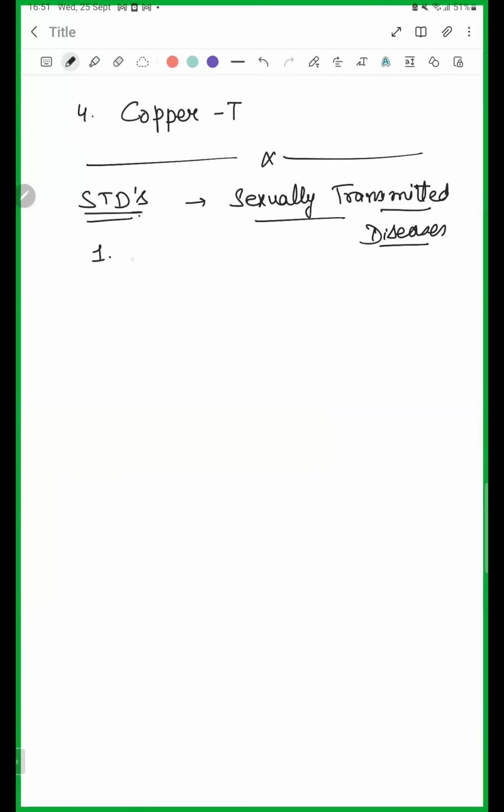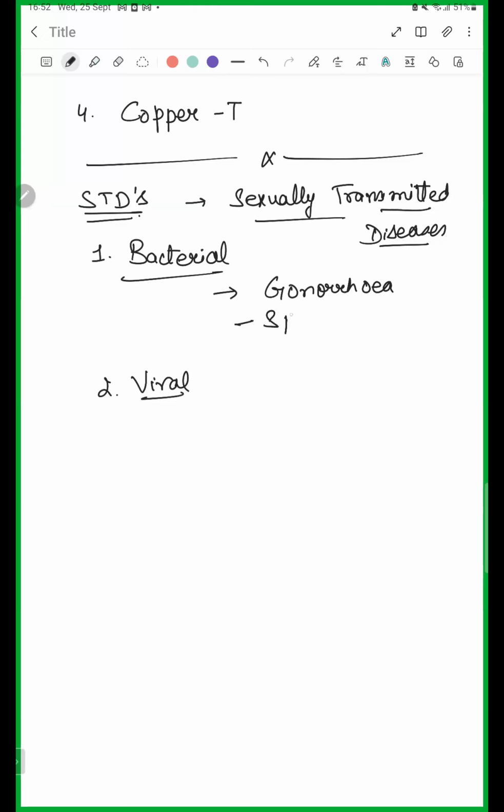On the basis of which organism causes them, there are two types: bacterial and viral. Bacterial STDs, for example, are gonorrhea and syphilis. In case of viral, it's AIDS. You know the full form: acquired immunodeficiency syndrome.